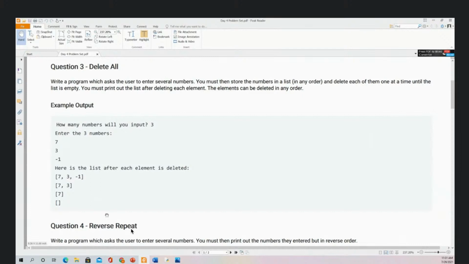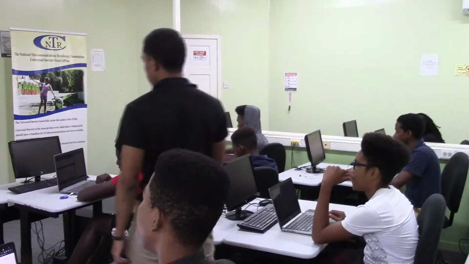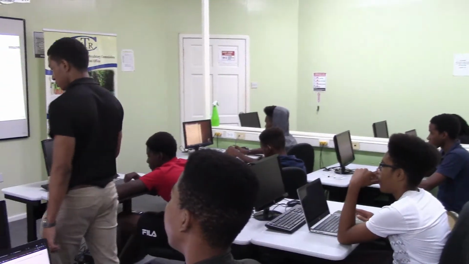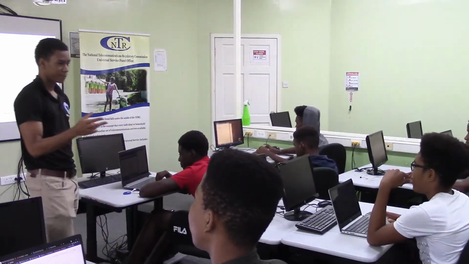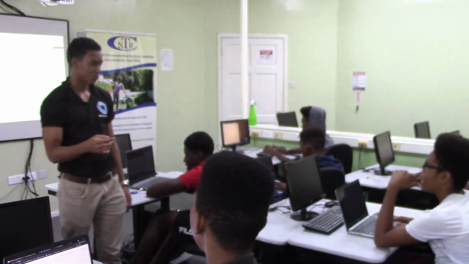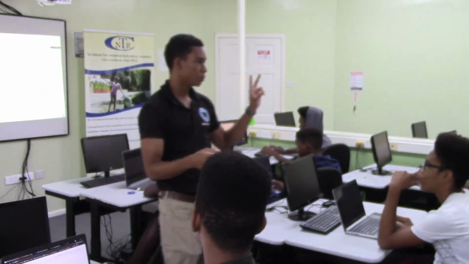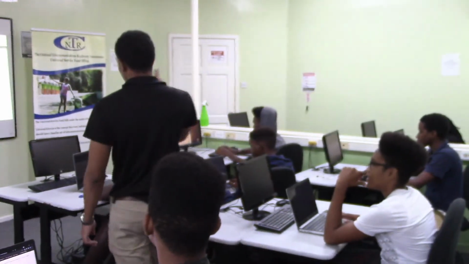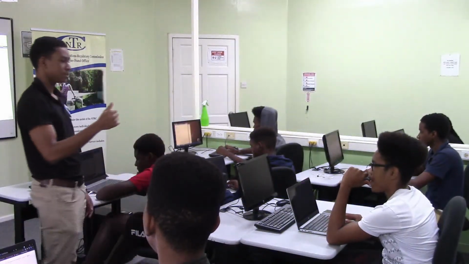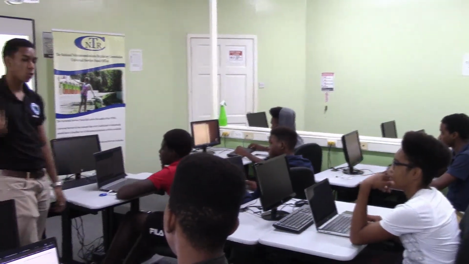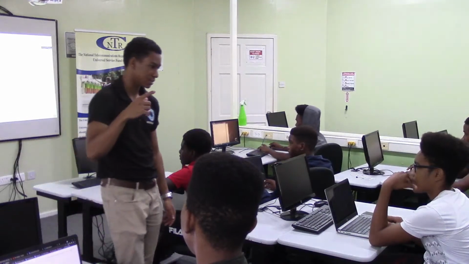Do we need a loop? Yes. How many loops do we need? Two. You need two loops. You need one loop to add the elements to the list, and you need one loop to take out the elements one at a time.